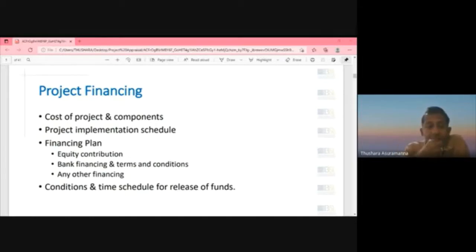Just to give you an example, say a client comes and tells you the land cost is this much. But not like other cases, in project financing, when you say land, the land cost could be estimated in several ways.